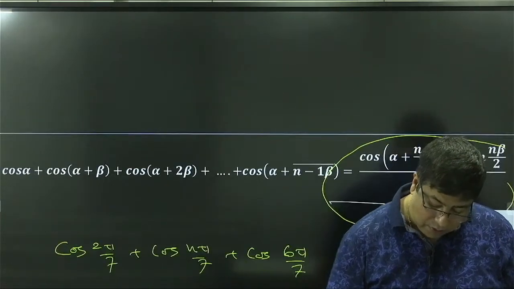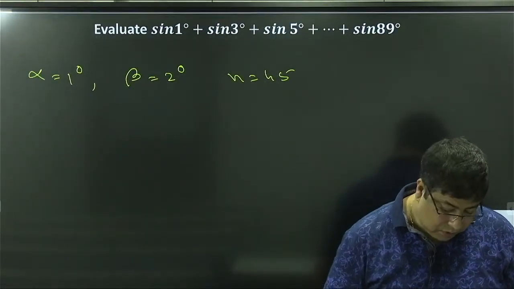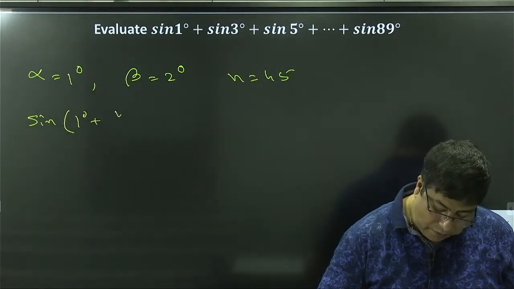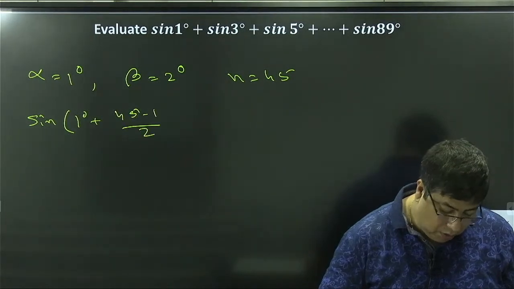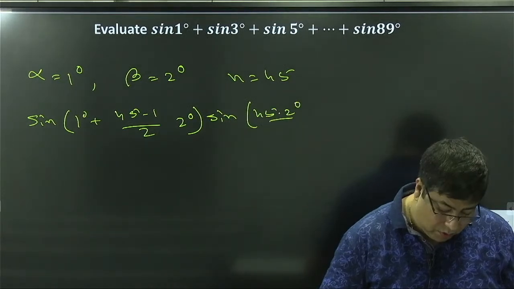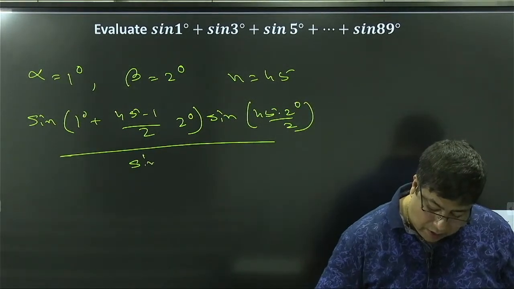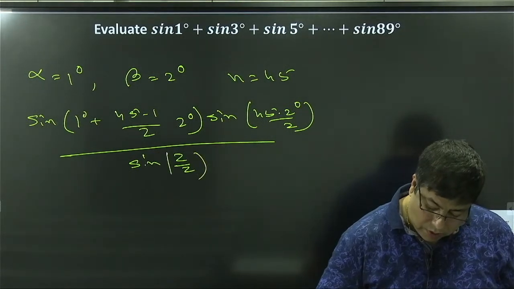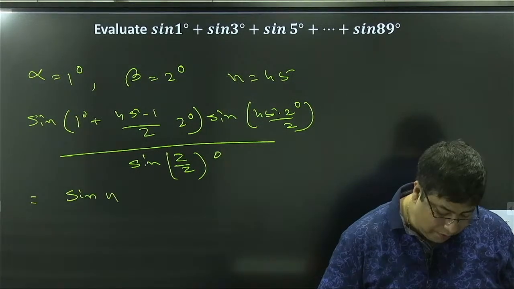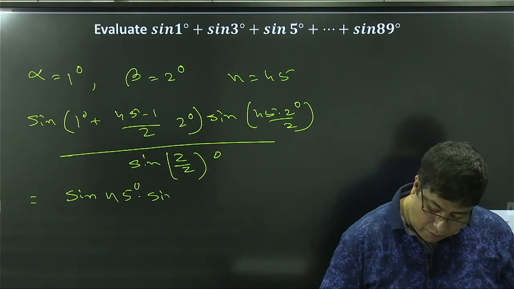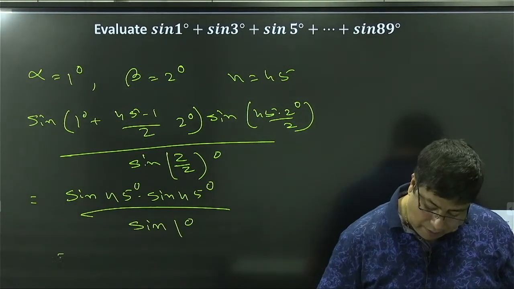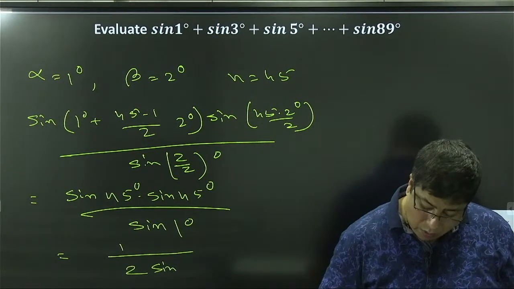Simply put the values: we get sin(1 degree plus (45 minus 1)/2 into 2 degree) into sin(n beta by 2), divided by sin(beta by 2). So we get sin 45 degree into sin 45 degree by sin 1 degree, which is 1 by 2 sin 1 degree.